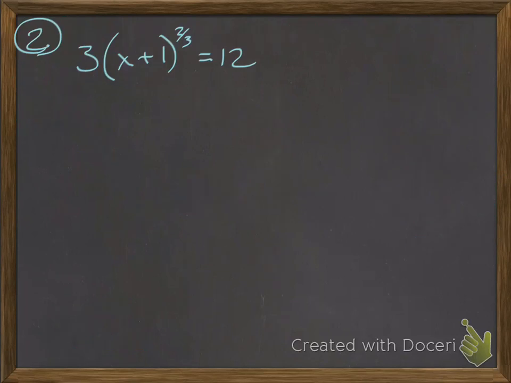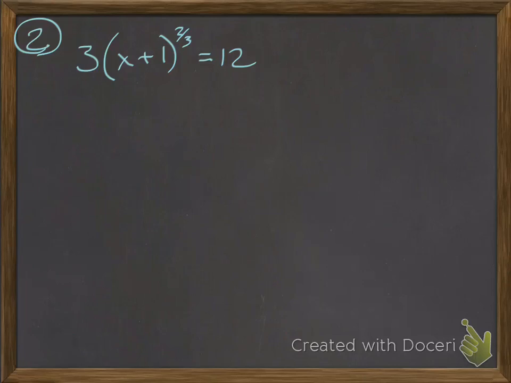Okay, so for this one, understand this is still a radical because this parentheses is being raised to a fraction. So I need to get that exponent on that parentheses to become a 1, and then I would have x plus 1 raised to the first, which is just x plus 1.